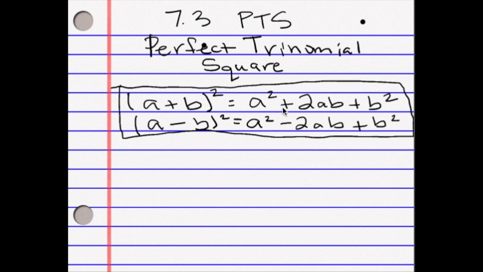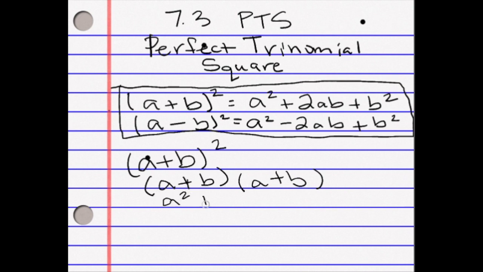Here's how the two shortcuts came about. So if I have A plus B quantity squared, that is the same thing as A plus B times A plus B. All right, so from lots of practice you've learned I do A squared plus AB plus BA plus B squared.